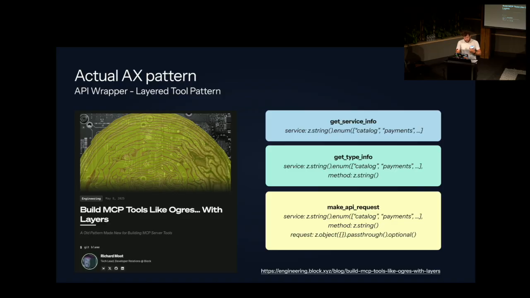Another good example of using a lot of parameters and relying more on polymorphism than using a lot of tools is a layered tool pattern that our friends at Goose have first broadcast, which basically uses only 3 tools to describe the whole API that you can do on your MCP server. Listing the services, listing the tools for specific services, and calling a tool.